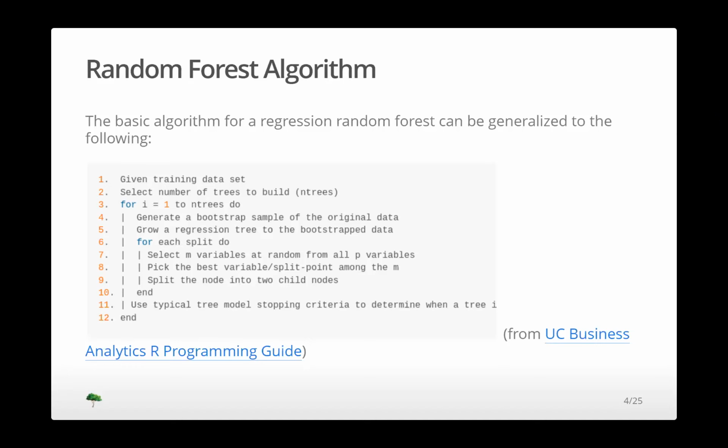You pick the best variable and the best split point among them, and then you split the node into two child nodes. And then you repeat this process until you have reached the stopping criterion for your tree. And then you repeat this process until you've exhausted the number of trees that you wanted to grow. So overall, this is the main idea behind the random forest.